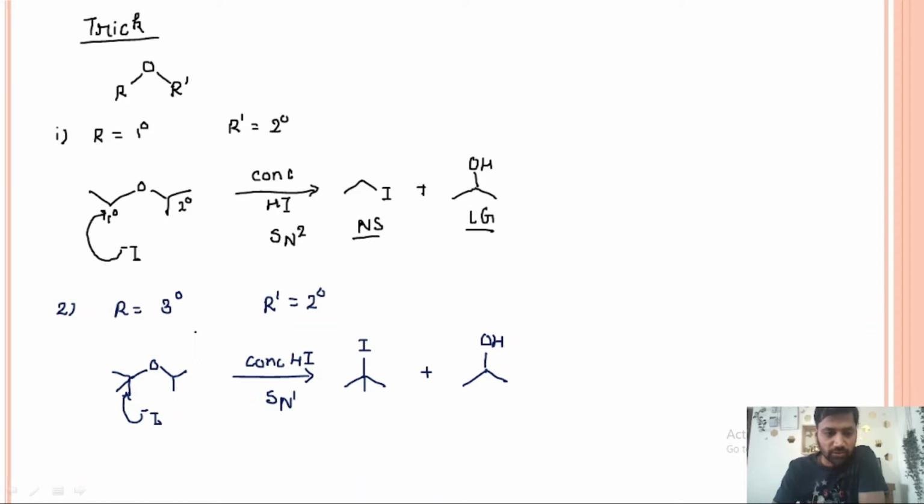Let us make another case in which on one side of the ether I have an alkyl group. Now it is not about primary, secondary or tertiary, it is about alkyl and aryl group. If we have alkyl and aryl group on both sides of the ether, for example, I have this anisole. Anisole means methoxybenzene.